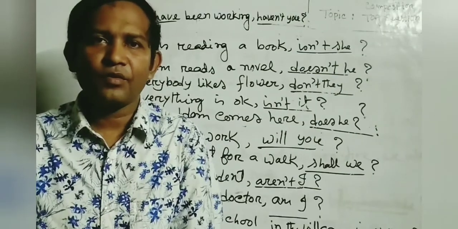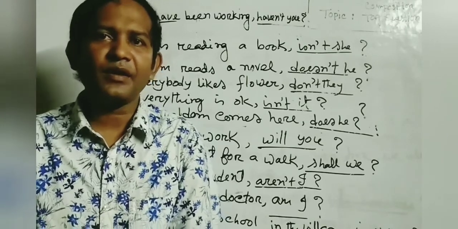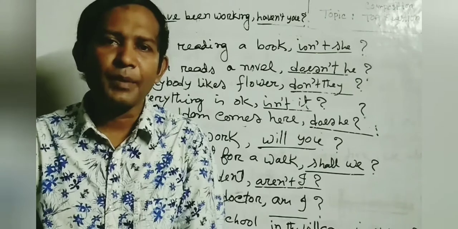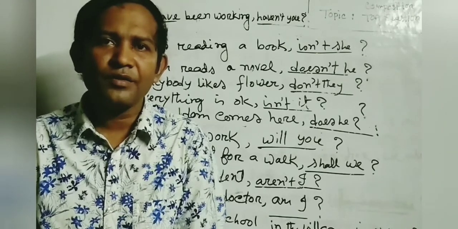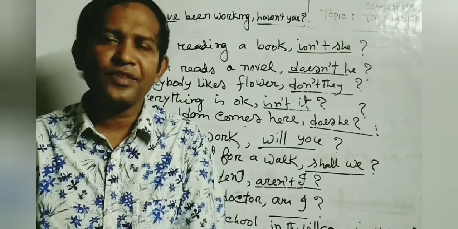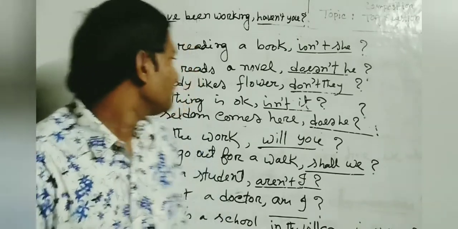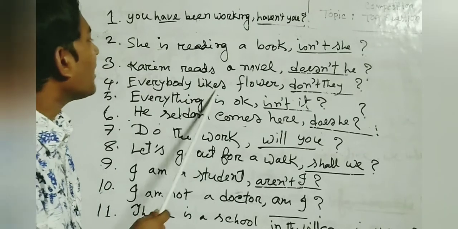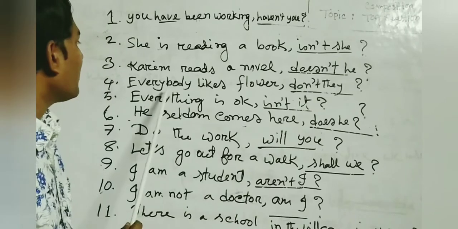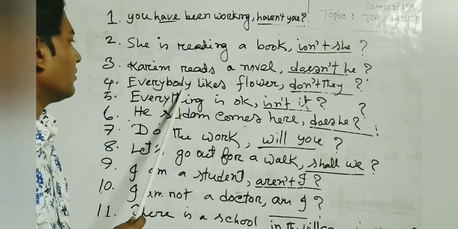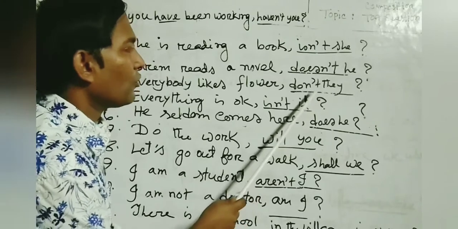Dear students, we normally use they in the tag after anybody, anyone, everybody, everyone, nobody, no one, somebody, someone, and any other singular words referring to people. For example, everybody likes flowers, don't they? The sentence starts with everybody, so we use they in the tag question.